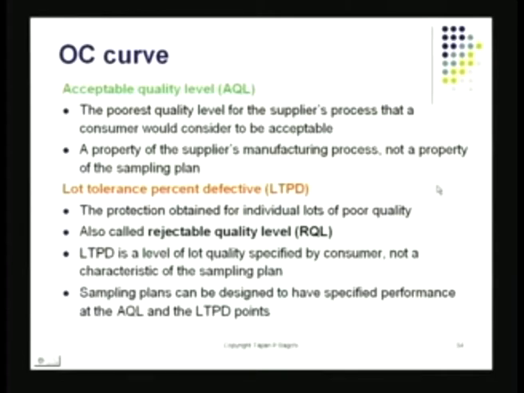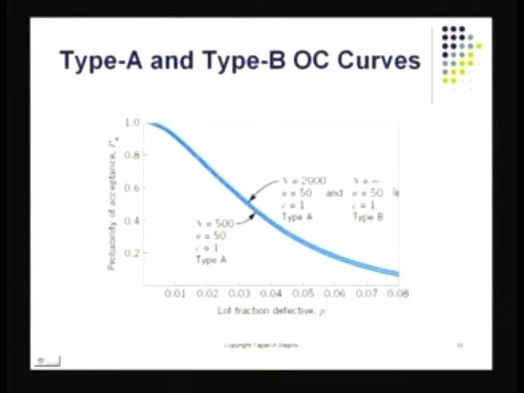We have some general definitions here. In fact, these again define AQL and RQL for us. AQL are put in green and RQL or LTPD are put in red here. And these are two curves now. They are both actually for finite size lots.